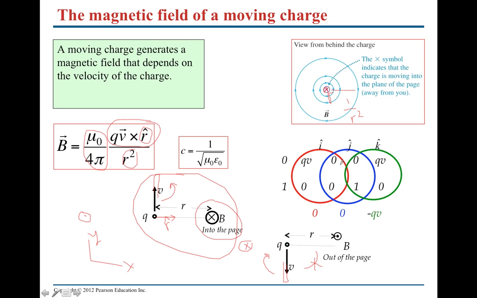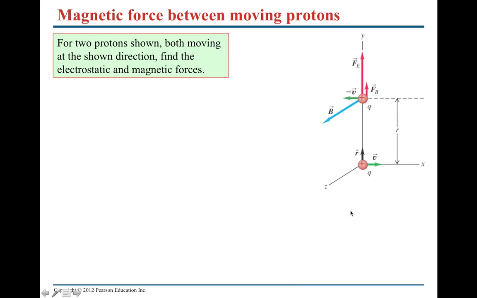This will give me 0, and this will give me again 0, and this will give me minus QV. The advantage of doing it this way is that you don't have to worry about assigning a minus sign. This is done directly, just a straightforward solving of the matrix. Okay, so let's move on.